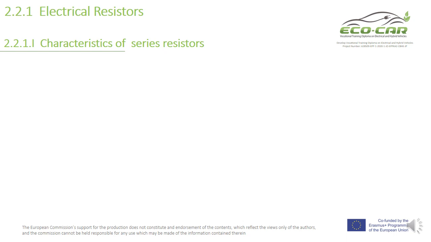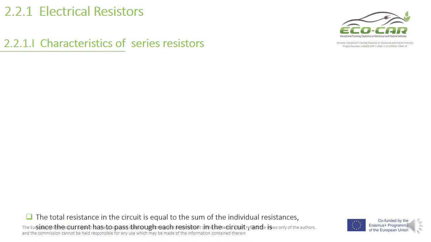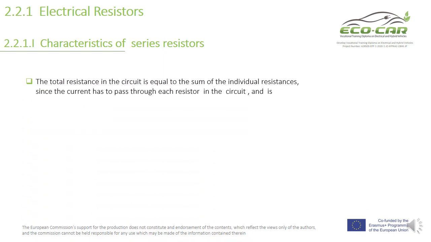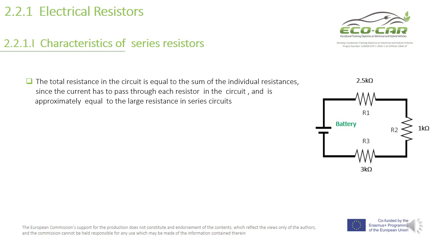Now, what are the characteristics of series resistors? This is a series circuit with three resistors R1, R2, R3, 2.5 kilo ohm, 1 kilo ohm, 3 kilo ohm with a battery source.